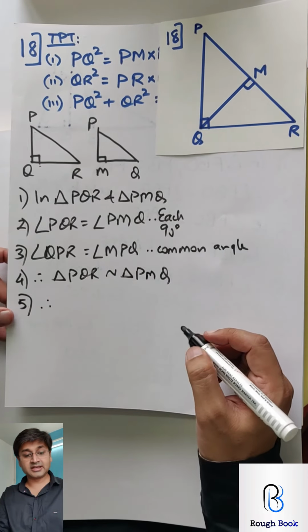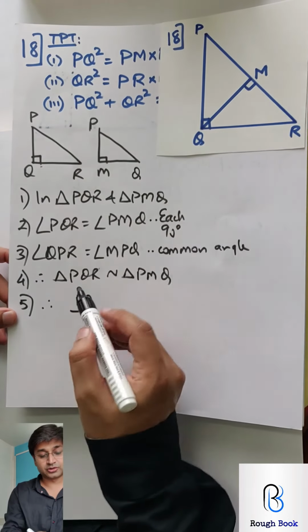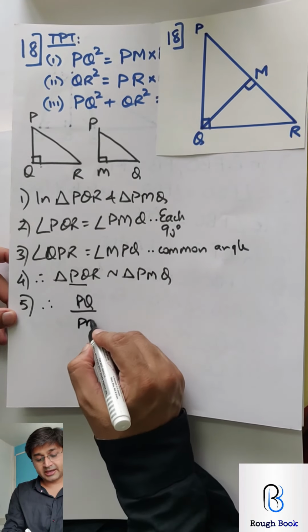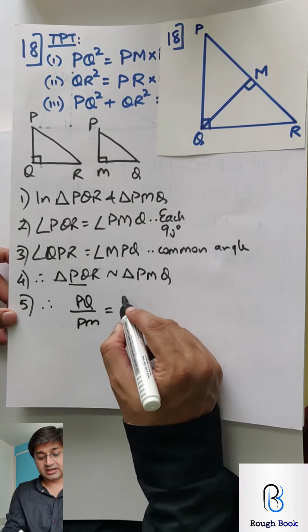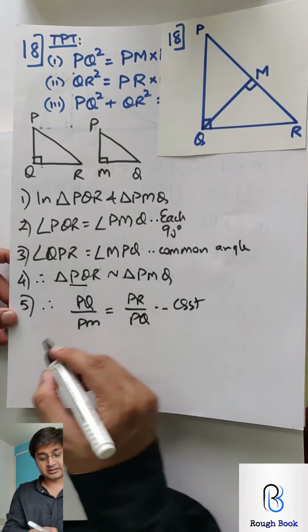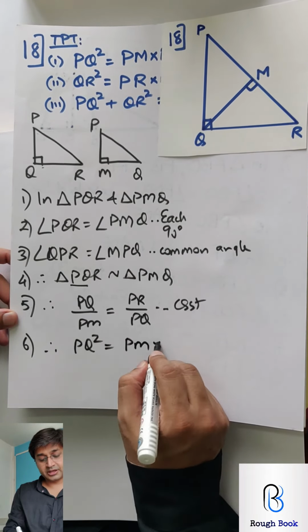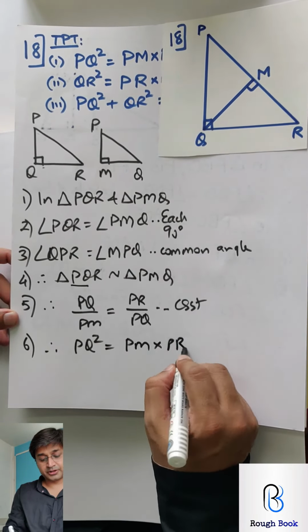Now that the two triangles are similar, therefore I can say PQ, see, my target is to get PQ. So PQ upon PM, again PQ first and last, so first and last, PR upon PQ. CSST. Cross multiply: PQ² equals PM into PR. Magic has happened and you got your first part.